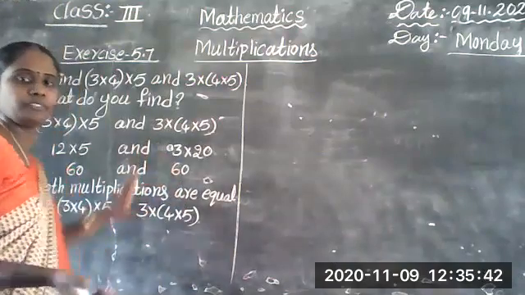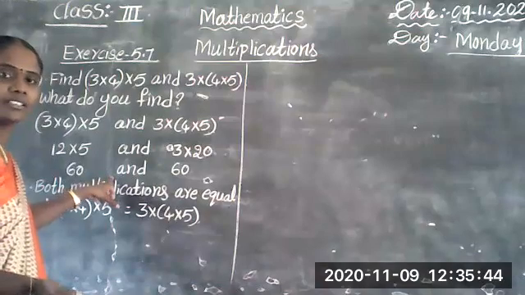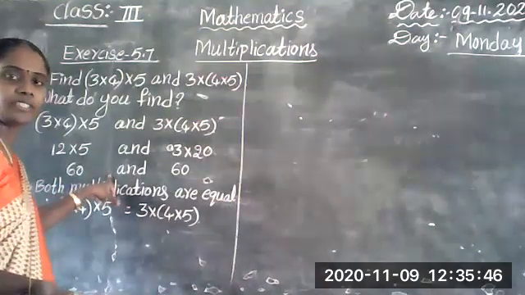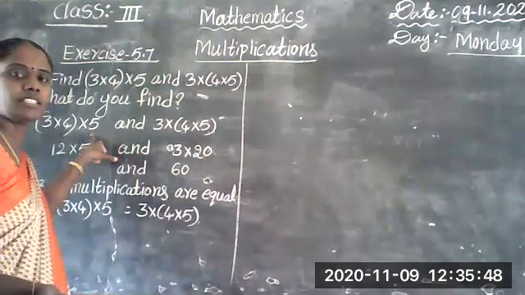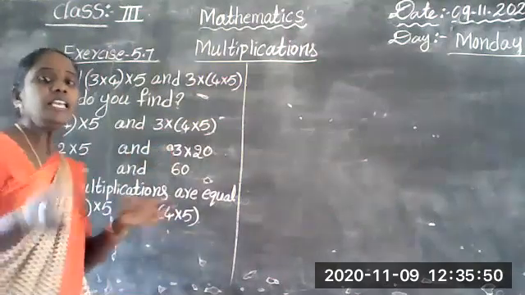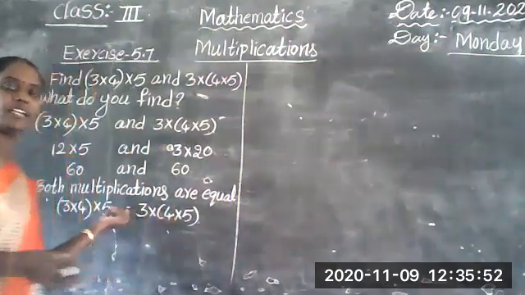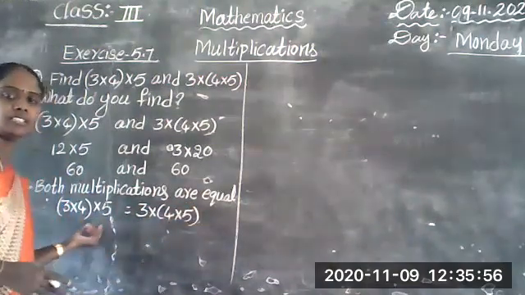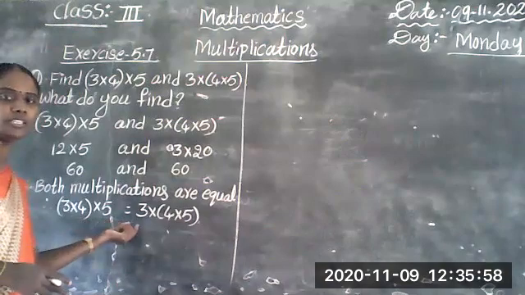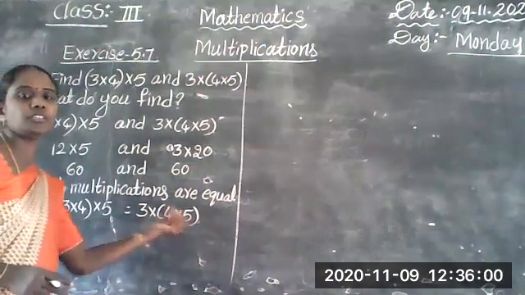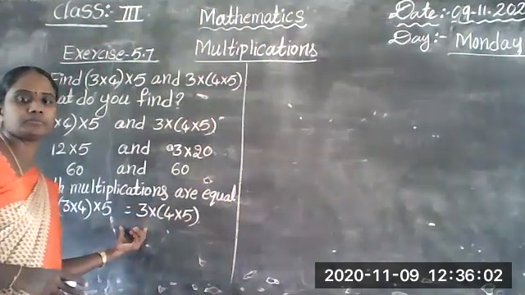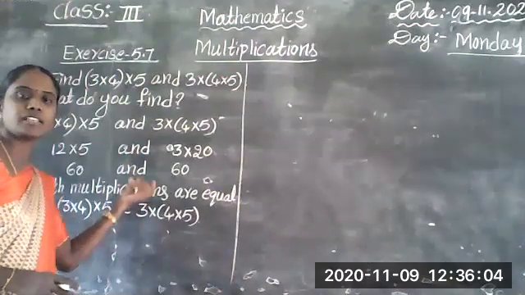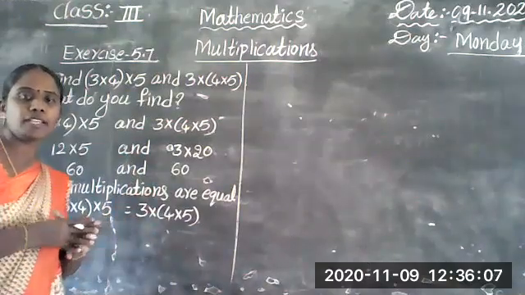What do we have to find here? Two multiplications are equal. Just I write that one only: both multiplications are equal, (3 × 4) × 5 equals 3 × (4 × 5). From these multiplications, what do we have to find?